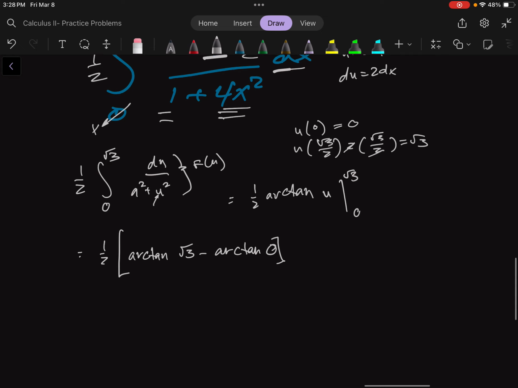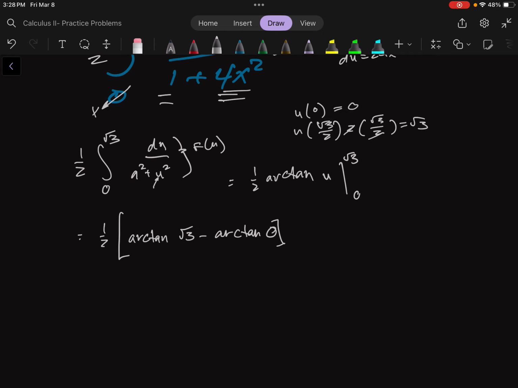You could just plug these into a calculator, but they're not too bad to solve, because arctan of square root of 3 is just saying which angle plugged into tangent would give you square root of 3. And we know tangent is just sine over cosine, right? And we want that to equal square root of 3 over 1.